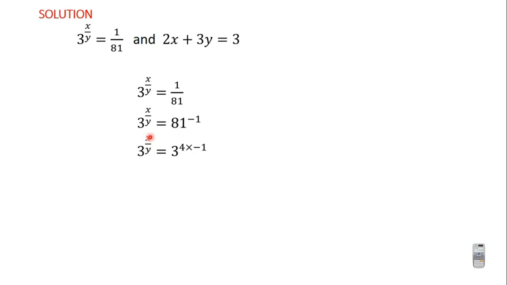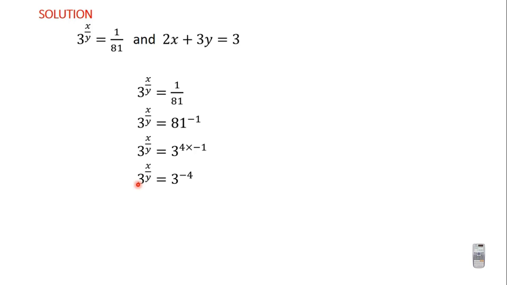So we have 3 exponent x divided by y is equal to 81, which is the same as 3 exponent 4. There's already minus 1 here, so times minus 1. And this will give us 3 exponent x divided by y is equal to 3 exponent minus 4.